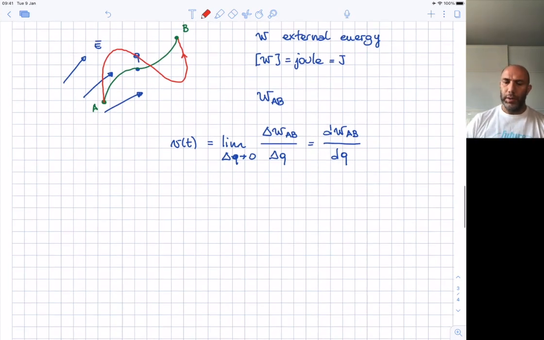For this reason, we can introduce a quantity that is called electric potential. We call this potential phi.